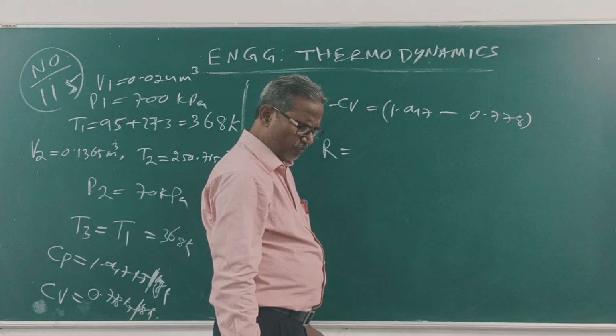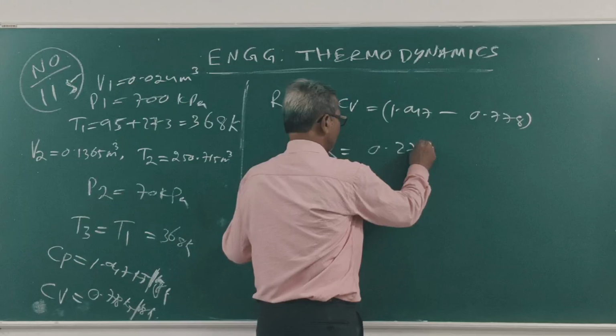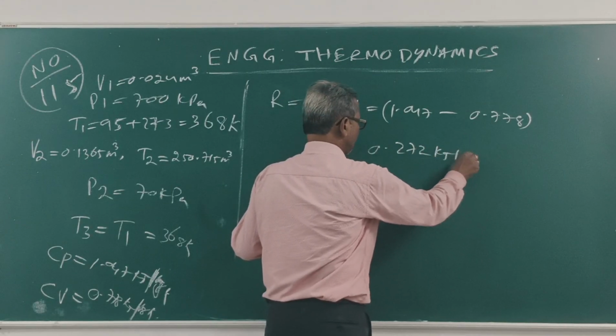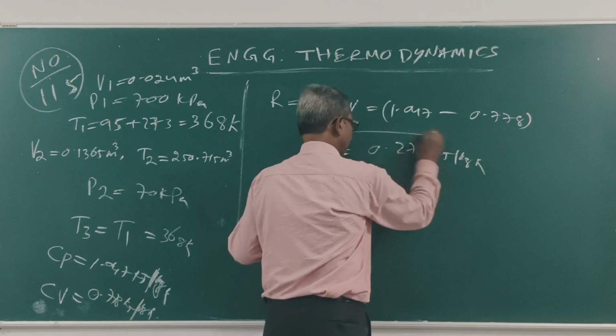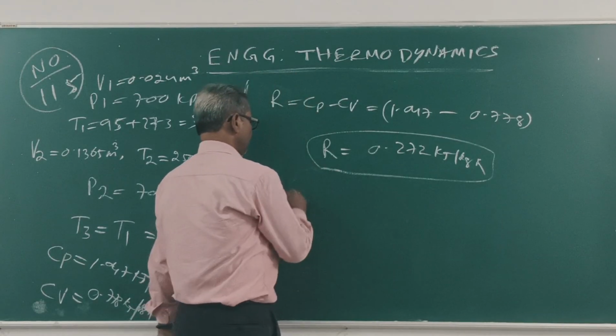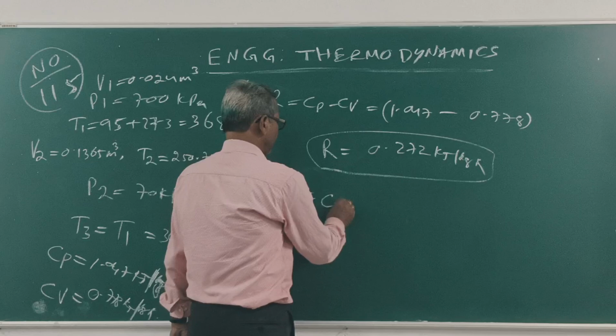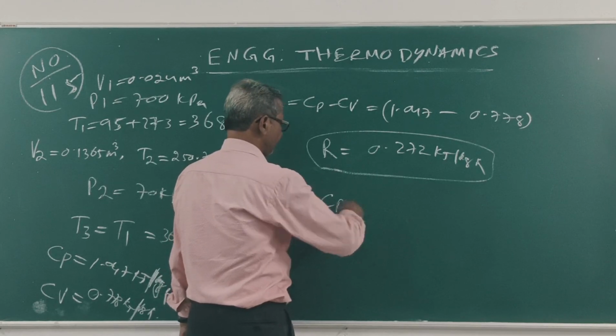R is equal to 0.272 kilojoule per kg Kelvin. This is R. Now gamma, not 1.4, Cp by Cv.